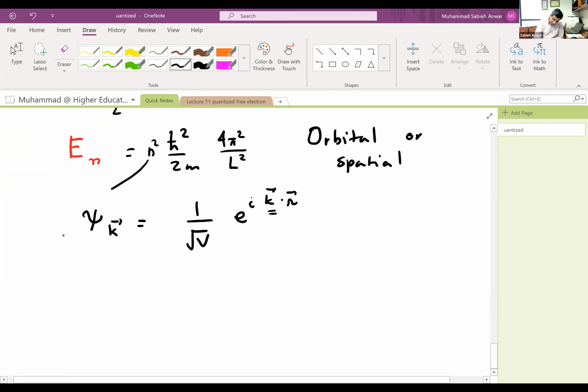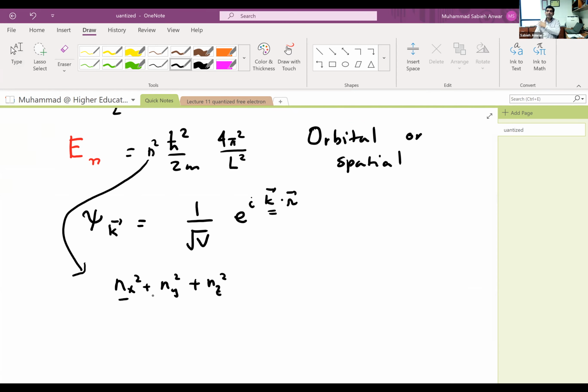Now in 3 dimensions, n square is going to be nx square plus ny square plus nz square, where nx is the quantum number for quantization along x, ny is the quantum number for quantization along y, and nz is the quantum number for quantization along z.